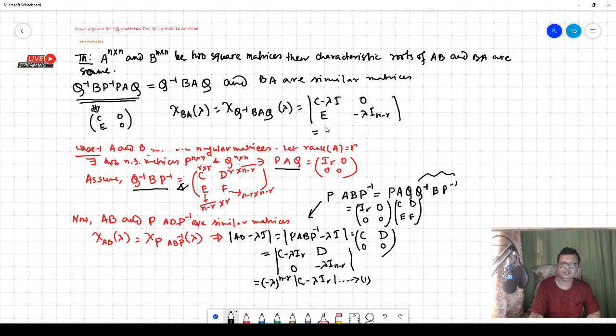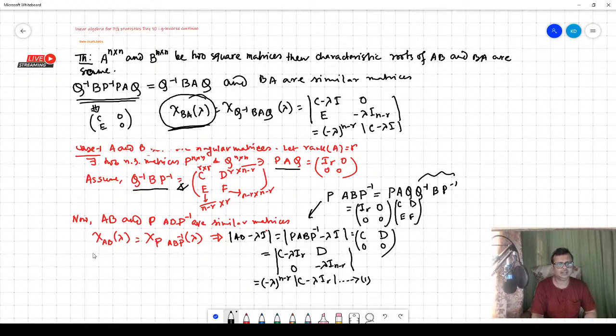This equals minus lambda whole to the power n minus r times the determinant of C minus lambda I. Hence the characteristic polynomial of BA and the characteristic polynomial of AB are the same.